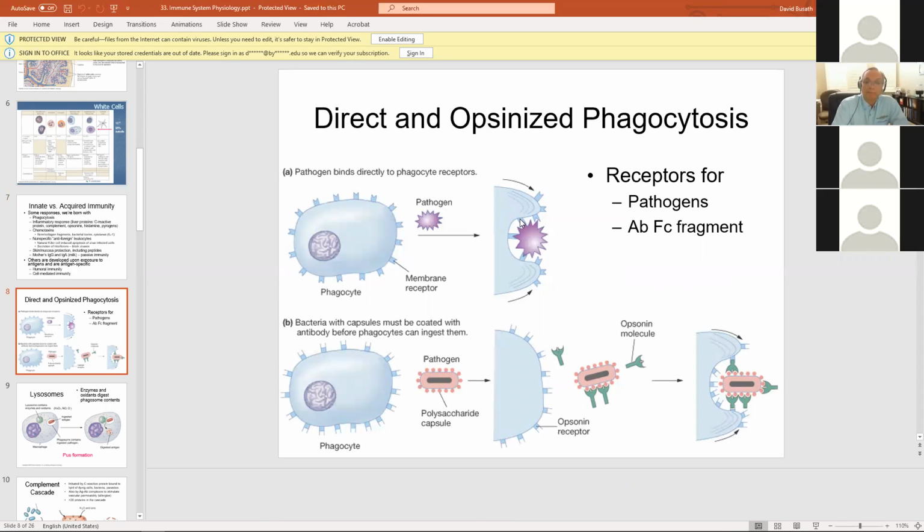That induces phagocytosis of the bacterium. It's the polysaccharide capsule that makes the bacterium somewhat immune to other kinds of phagocytosis, where the macrophage or other phagocyte recognizes antigens directly through proteins that stick off of its surface. So opsonization involves facilitating the activation of phagocytosis.